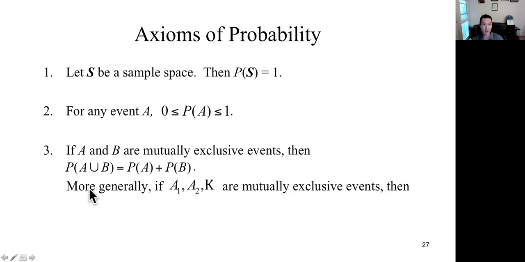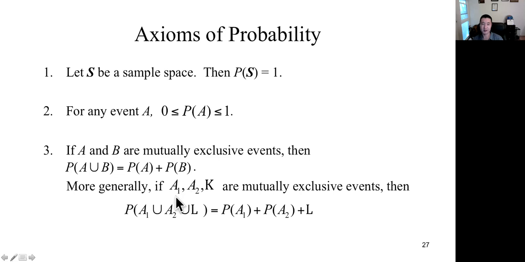If A and B are mutually exclusive events, then the probability of A or B, with the half circle facing up called the union of A and B, is equal to P(A) plus P(B).